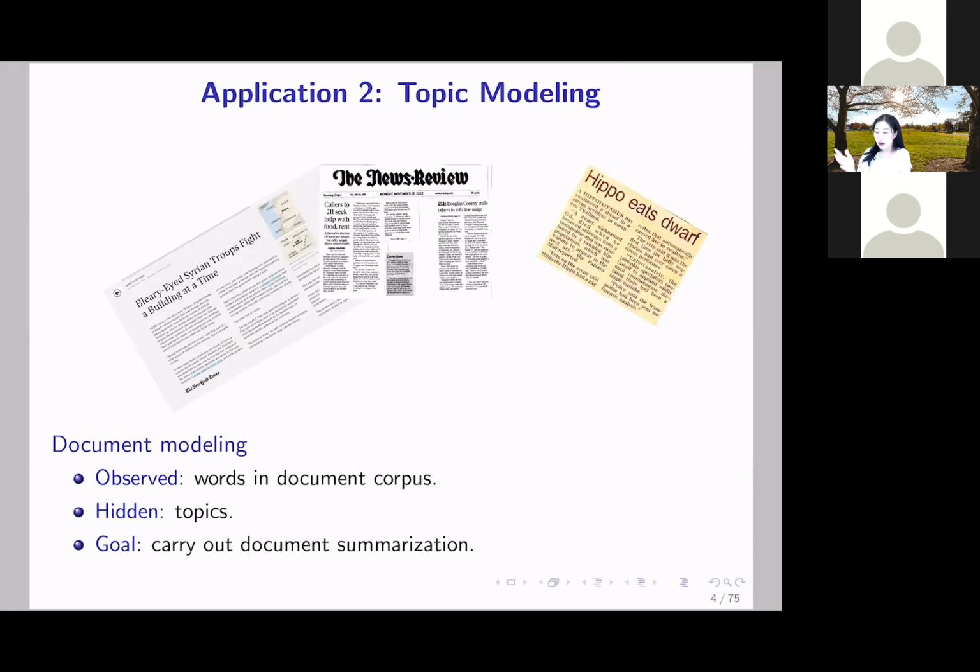So these are hidden topics. We assume there is no label associated with these documents, but you want to learn these labels, right? So the goal is to do document summarization, right? So also this is a very relevant application that you can use latent variable models to solve.